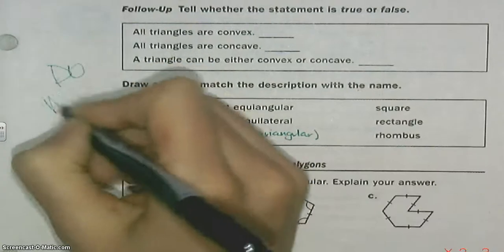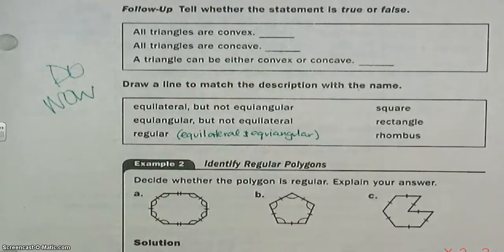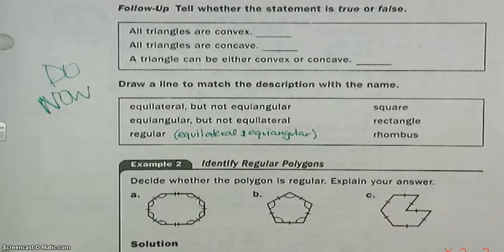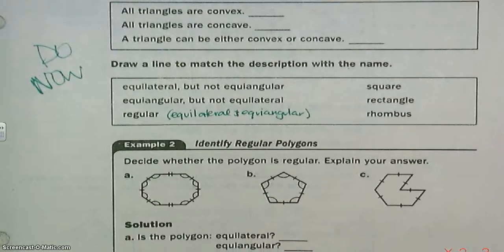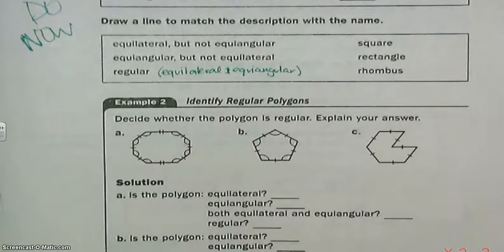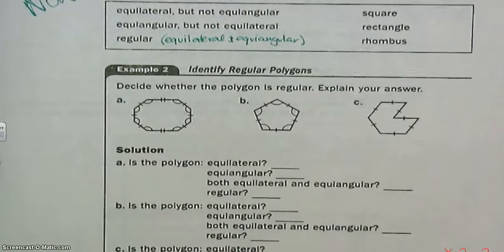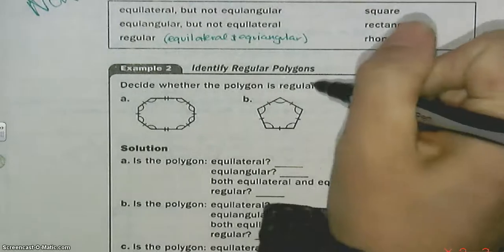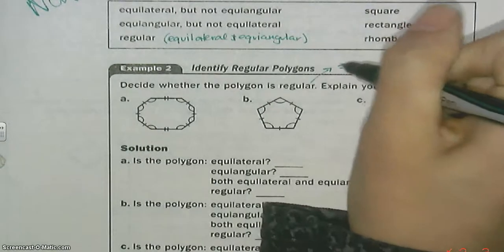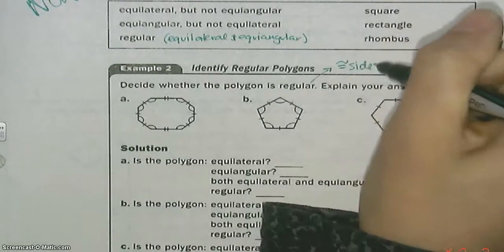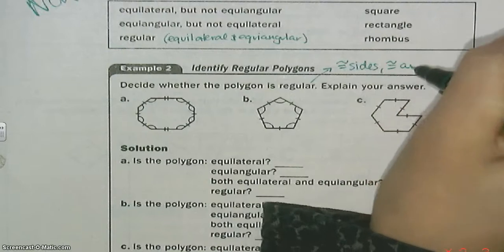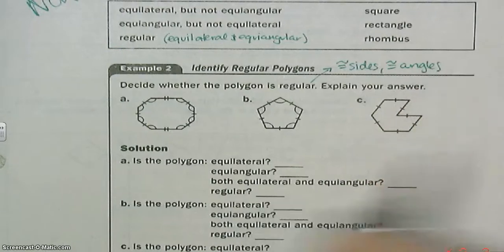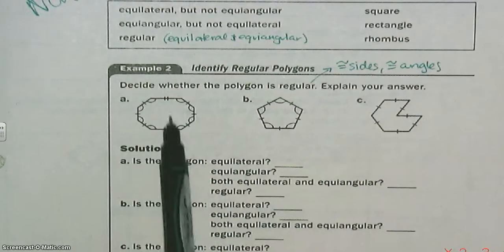So you're going to do these now. Identify regular polygon. Decide whether the polygon is regular. So remember, we're looking for all congruent sides and all congruent angles. So let's look here. Is it equilateral?